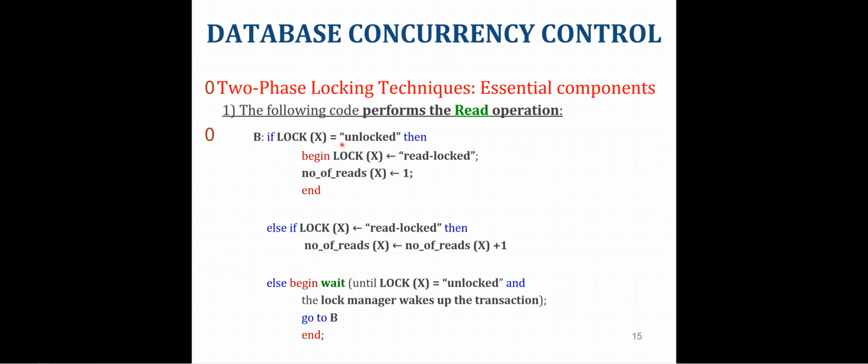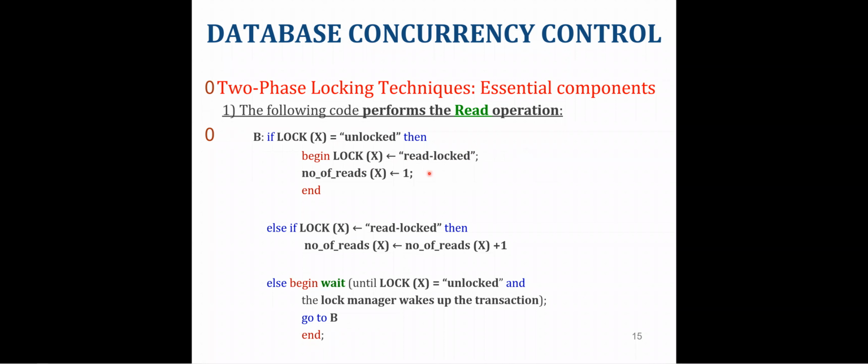Here are the scenarios that we can face if we are using the shared exclusive lock. Here's the read operation. If lock X equals unlocked, so it's available, you will start by read locking the item X. So now the lock X will be assigned as read locked, which means there is a transaction reading from it right now.